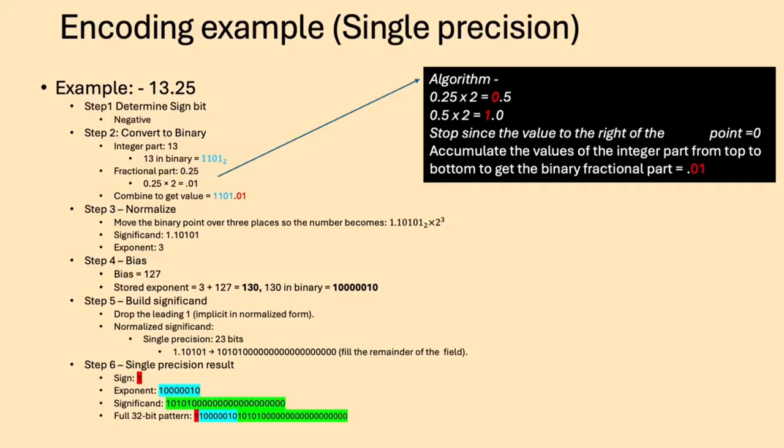Here, you multiply the fractional part by 2 until the value is 0, noting the value to the left of the decimal point. Here, multiplying 0.25 by 2 gives a value of 0 to the left of the decimal point, and 5 to the right of the point. Multiply again. And this time there was a 0 to the right of the decimal point, so we stop, and we record the value of 1 to the left of the decimal point.